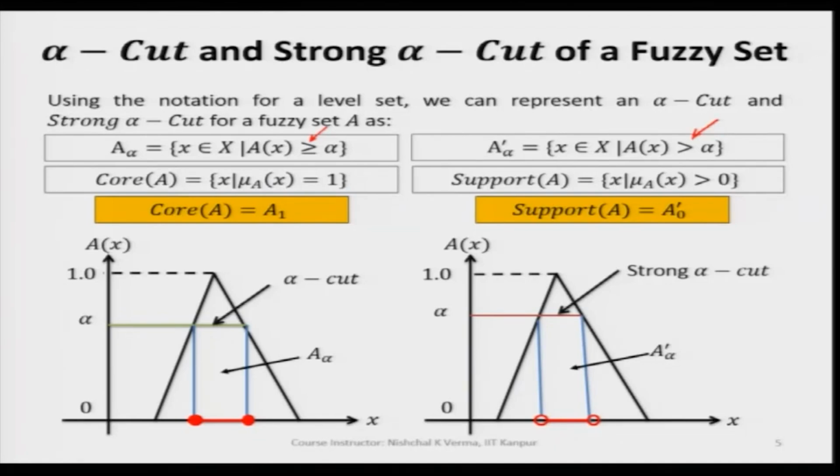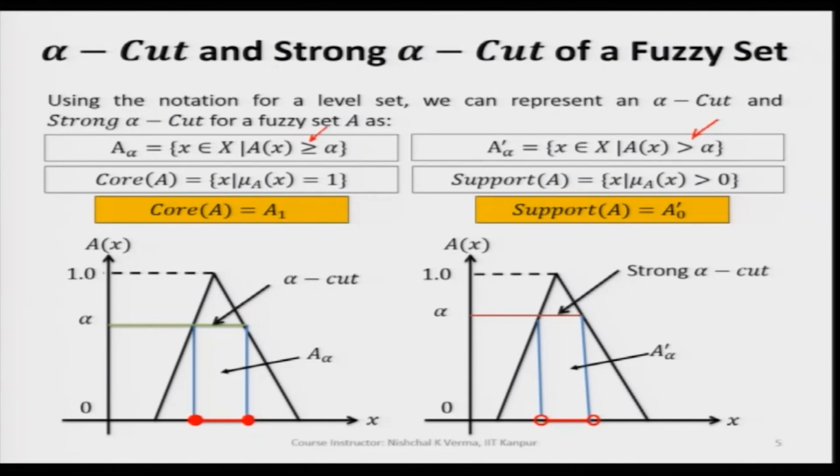Now, there is another way of understanding this. If we are interested in A1, A1 means the one cut of a fuzzy set A, but this has to be a normal fuzzy set because alpha equal to 1 has been taken here.